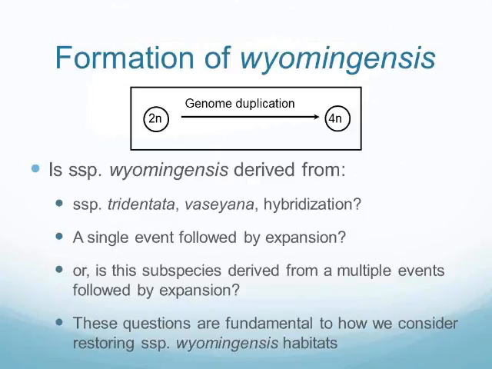We don't find triploids on the landscape, which would suggest some gene flow occurring back from tetraploids to diploids. We just don't find them. So the question is, is wyomingensis derived from basin, mountain, or is it some sort of hybridization between the two of them?